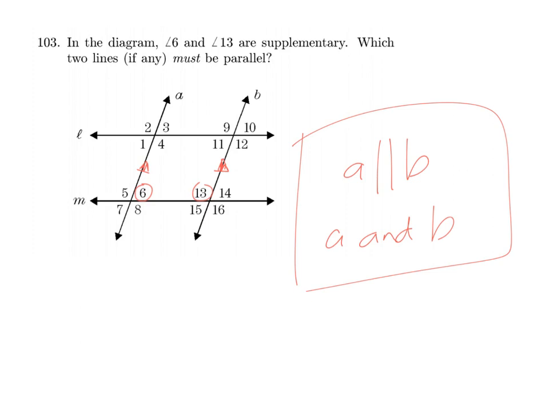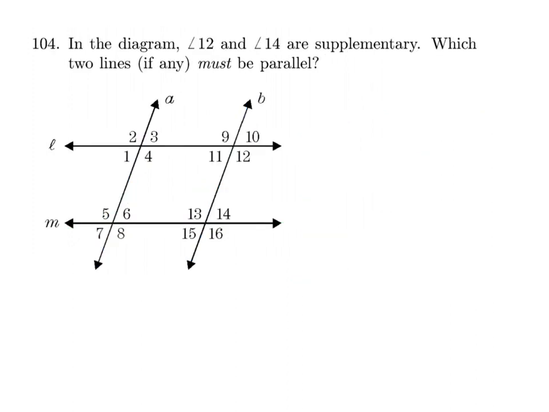And just to further clarify, these are your parallel lines, and this would be your transversal. Okay. In the diagram, angle 12 and 14 are supplementary. 12 and 14 are supplementary. All right, those are consecutive interior angles. They add up to 180.